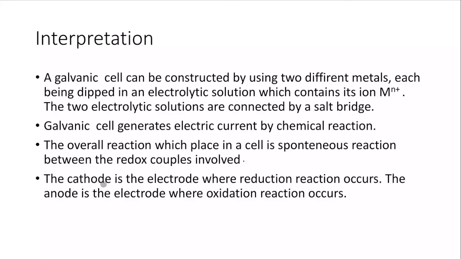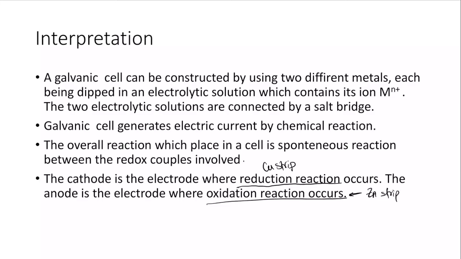Okay, so the cathode is the electrode where reduction takes place, or where the reduction reaction occurs. The anode is the electrode where the oxidation reaction occurs. In this case, in the Daniell cell, the reduction takes place in the copper strip and oxidation takes place in the Zn strip.